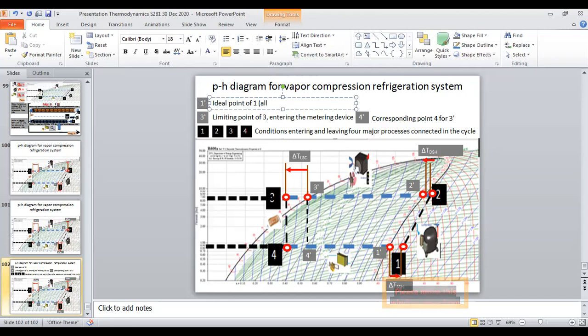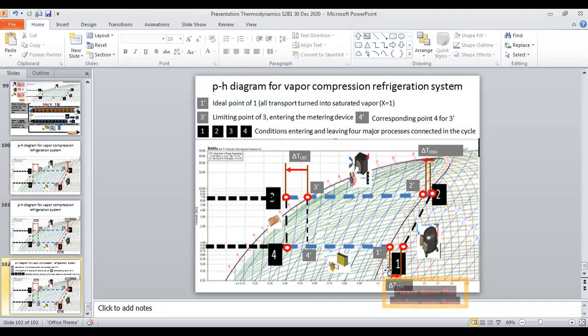All the transport turned into saturated vapor, that's a pointer, saturated vapor. X is 1.